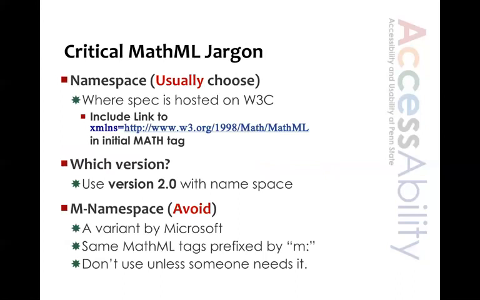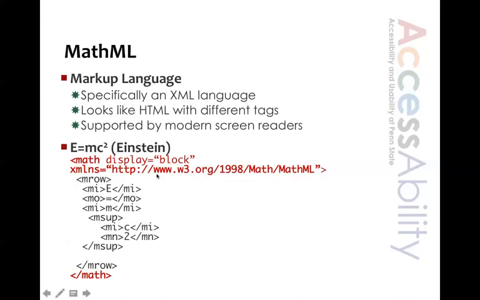Fortunately, that's where your equation editor comes in. That's going to make it for you. Some other important jargon. This one starts out math, open tag, end tag, math. So in between these tags means there's going to be an equation. This other part, XMLNS, means XML namespace, and there's a URL pointing to the W3C.